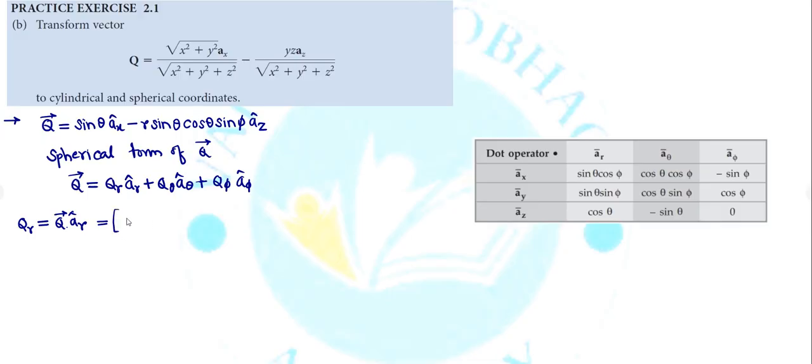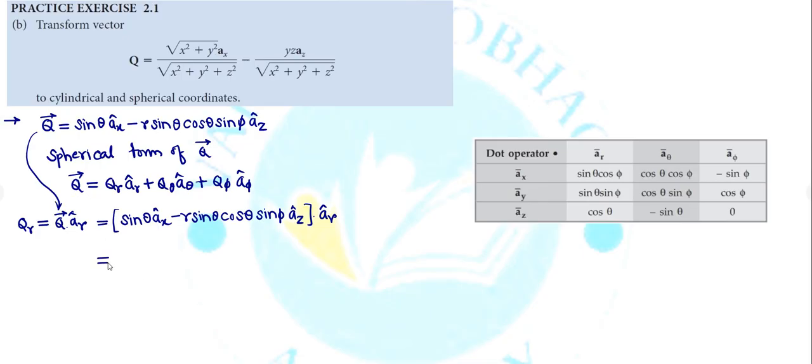We have that vector Q to be sine theta a x minus r sine theta cos theta sine phi a z, having the dot product with a r. Okay, so this vector Q is nothing but the vector that we have found out earlier.